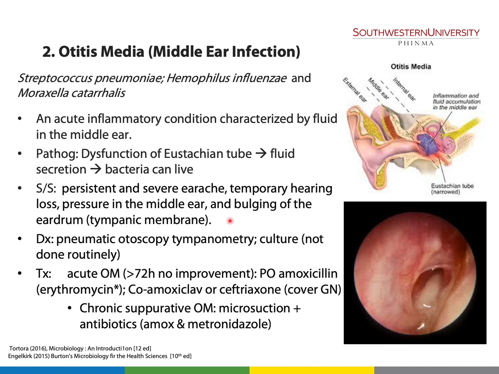So, clinical features for this type of infection are persistent and severe earache, temporary hearing loss, pressure in the middle ear, and bulging of the eardrum. Diagnosis includes pneumatic otoscopy, tympanometry, and culture, but culture is not usually done for this type of infection.